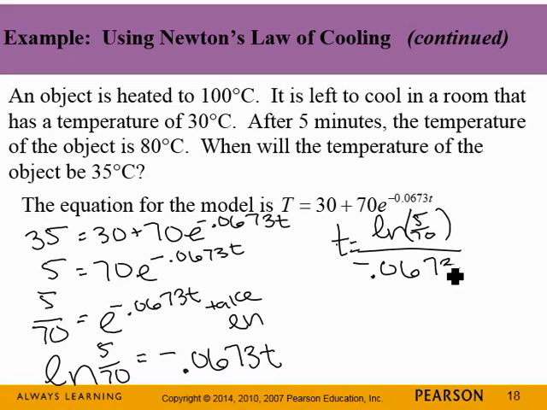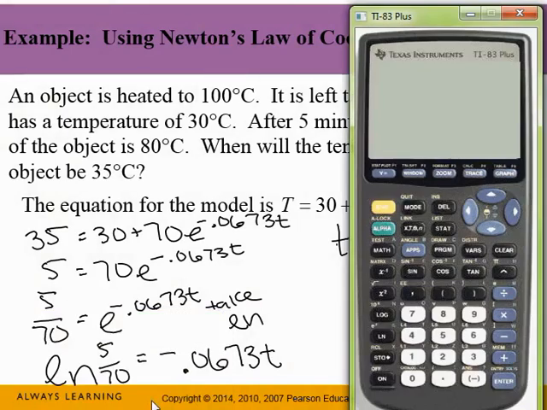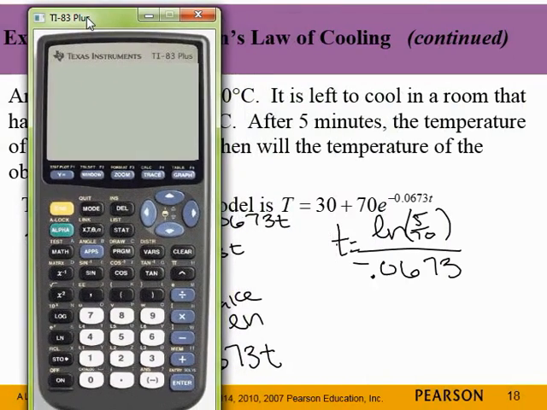So let's plug this one into our calculator as well. So I'm going to put it in parentheses, but we have ln 5 divided by 70, and that whole thing divided by negative 0.0673.